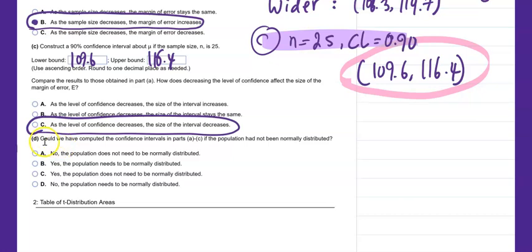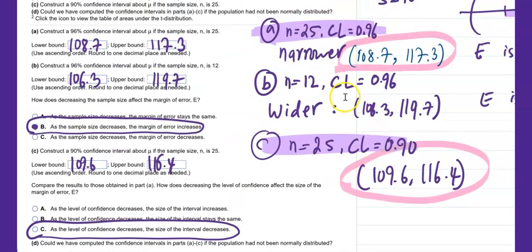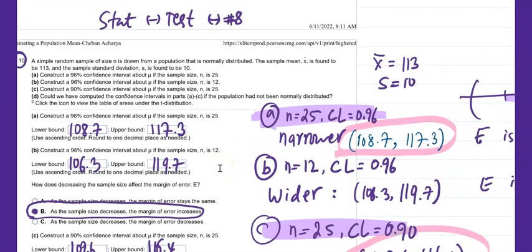Part D. Could we have computed the confidence interval in part A to C if the population had not been normally distributed? No, because look here, all the sample sizes are less than 30, so we could not compute the interval if the population is not normal.